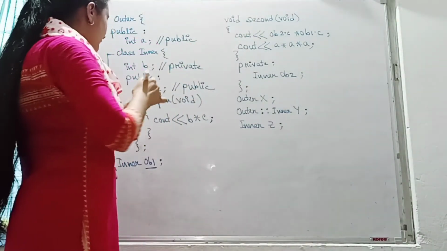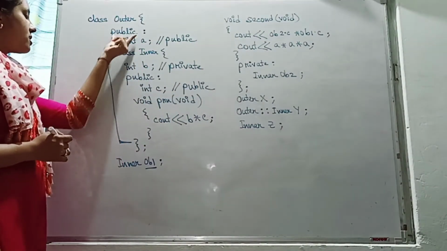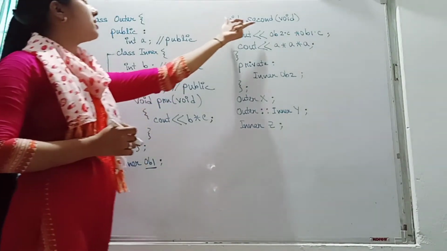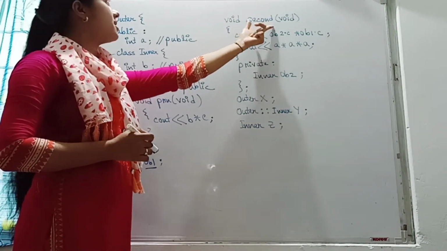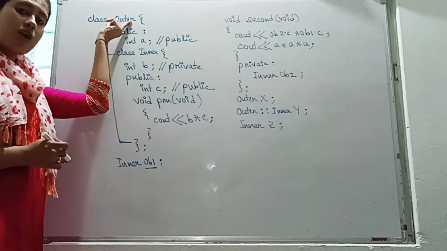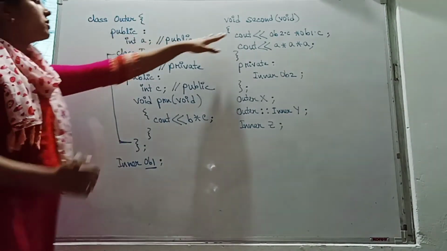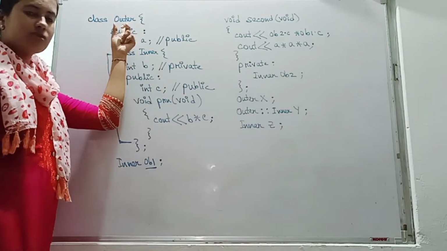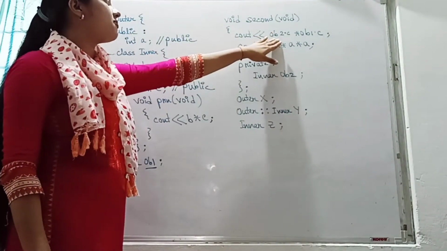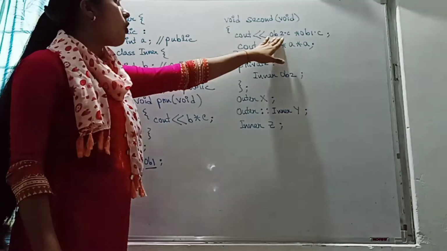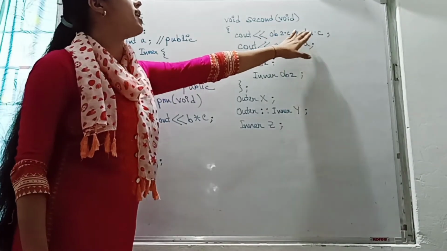Then again the outer class part is continuing, and now this second function is what? This is the function of the outer class, you remember, because the inner class is over here. So this function is a function of the outer class. So inside this second function, what we have done? ob2.c into ob1.c.